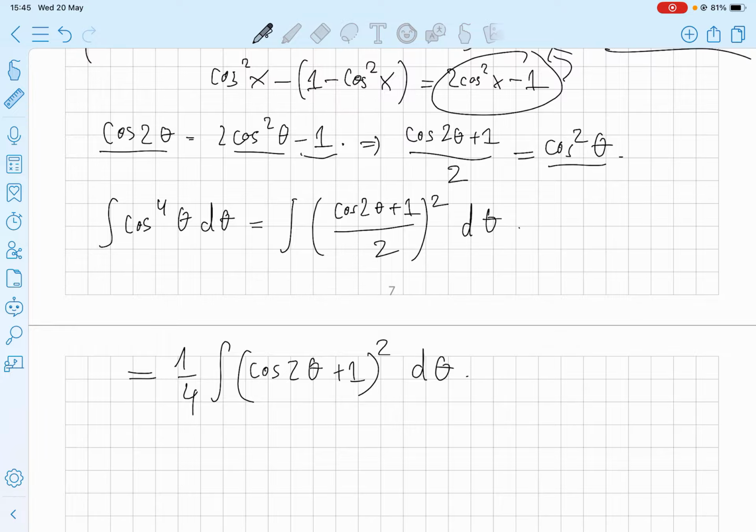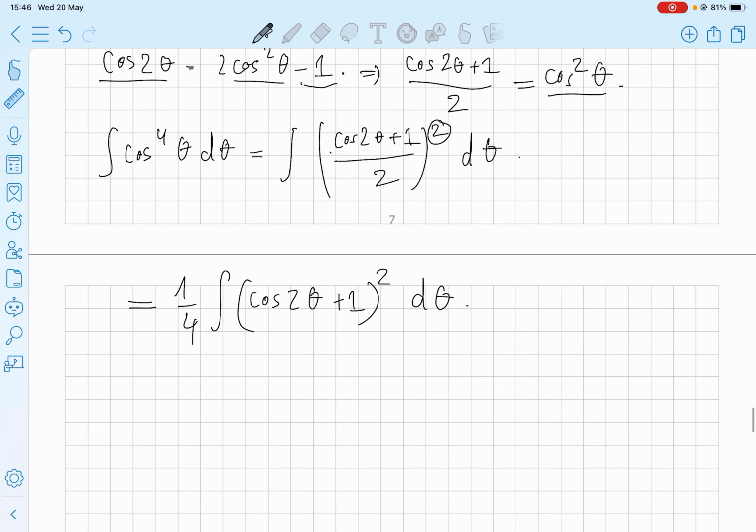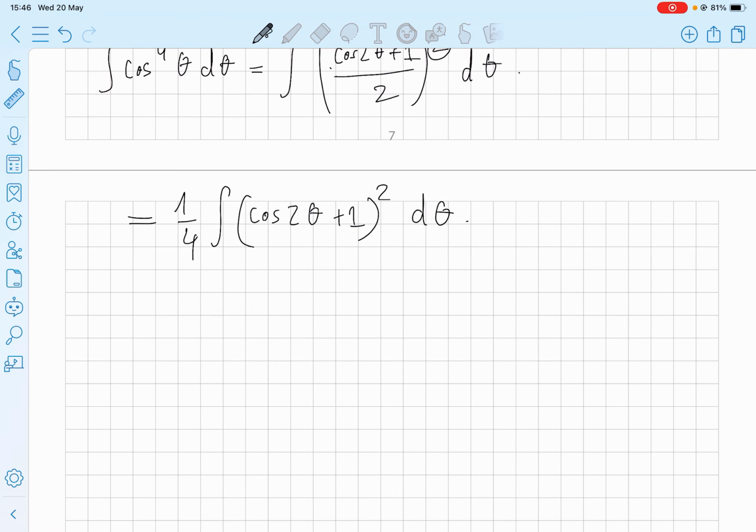Is it clear over here? Because I take the 1/2 square out of the integral, and it will give me 1/4 multiplied by the integral of cosine 2 theta plus 1 all square. So I think it's clear. Next, you remember this one, a plus b square equals a square plus 2ab plus b square, right?